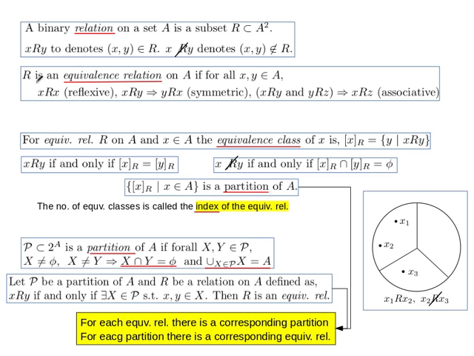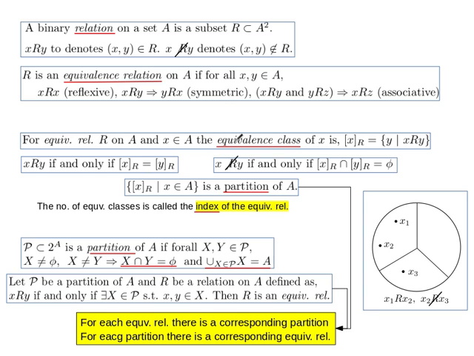So when is R an equivalence relation? If it is reflexive, symmetric and transitive. Reflexive means it's related to itself. Symmetric means you can switch the order of x, y. And transitive means if x is related to y, and y is related to z, then x is related to z. So this is the definition of an equivalence relation. And whenever you have an equivalence relation, we can talk about the equivalence class.